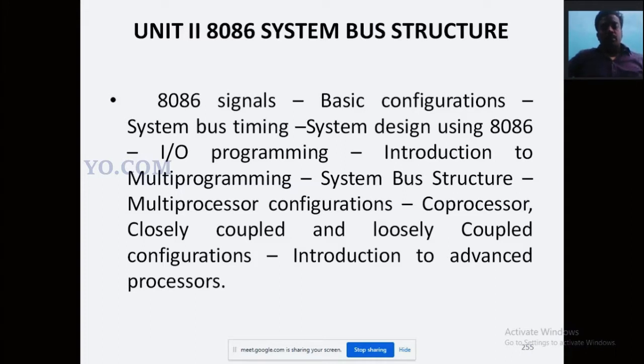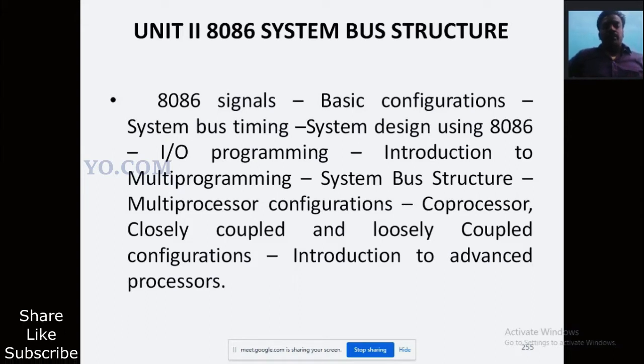Most of the questions from the second unit come from the multiprocessor configurations: coprocessor, closely coupled and loosely coupled, then introduction to advanced processors. If you divide this unit into two parts, the first part is system bus structure and the second part is multiprocessor configuration.